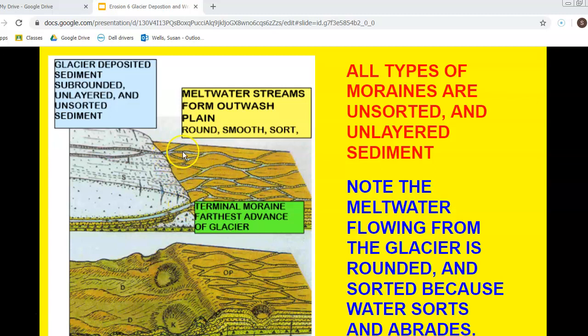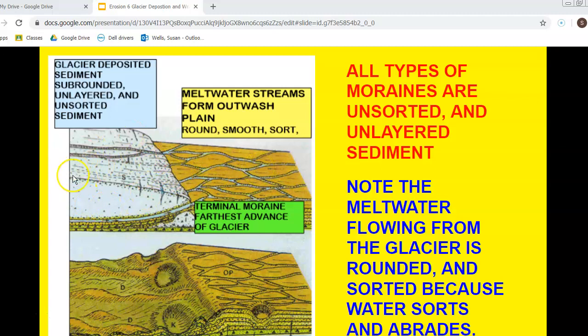The bigger particles will get dropped here, and they will be gradually dropped smaller particles the farther away you get from the glacier. And because of this area, we call it an outwash plain.